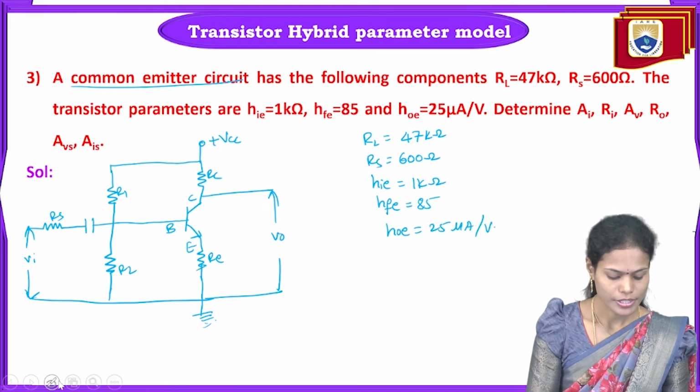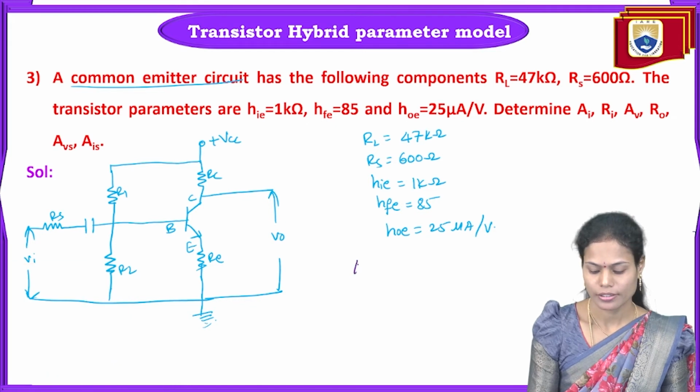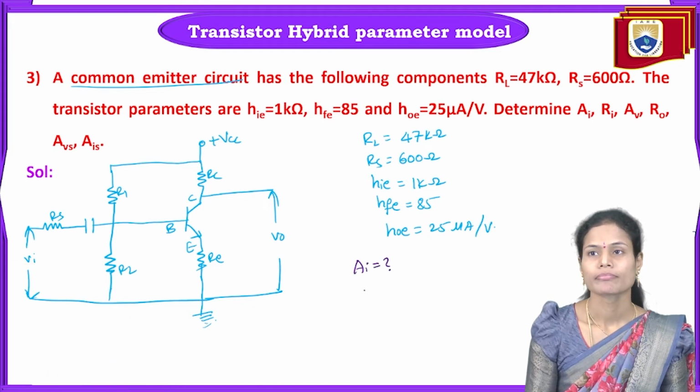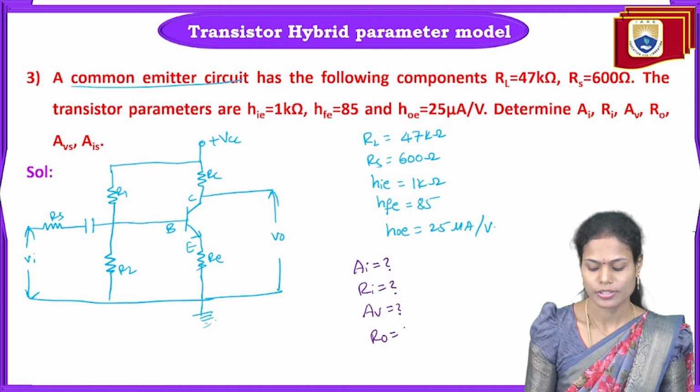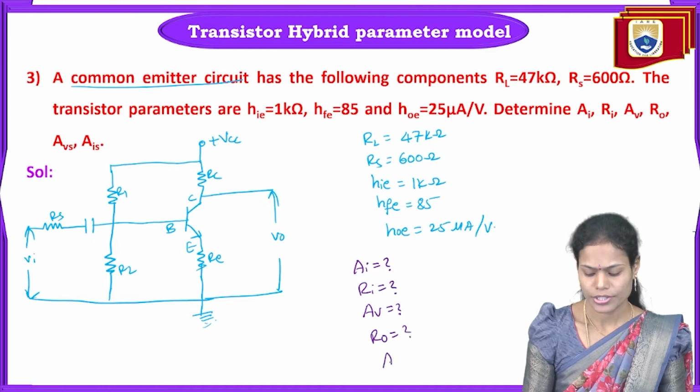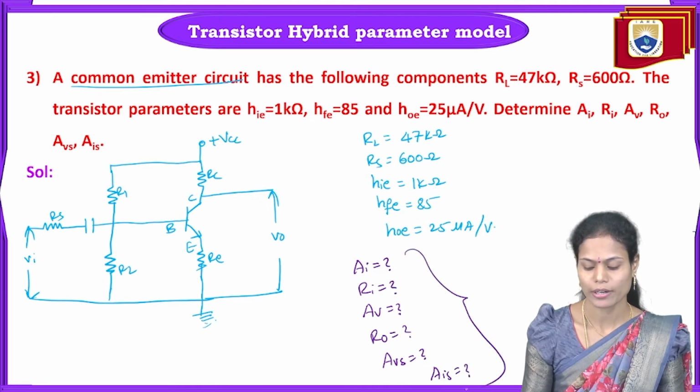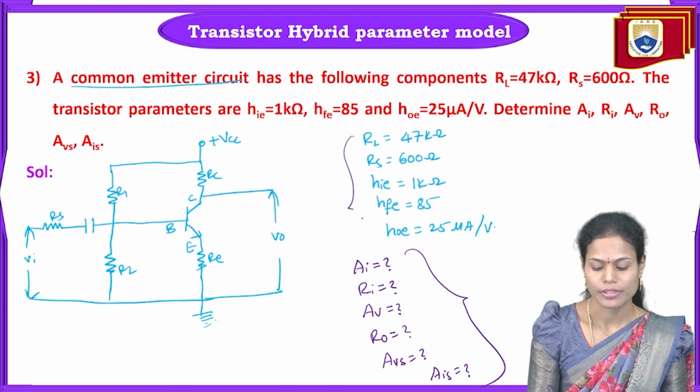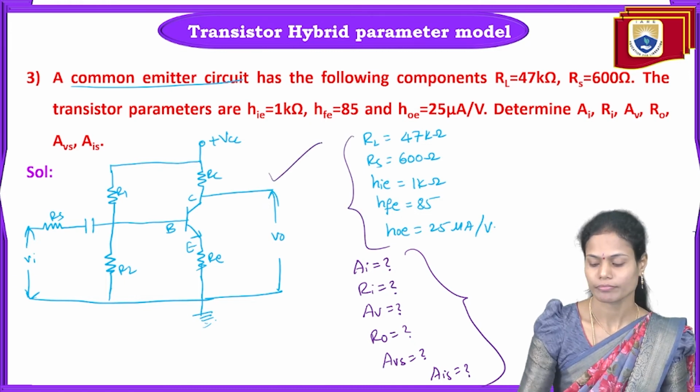Next, from these parameters we need to calculate the current gain AI, input resistance Ri, voltage gain AV, output resistance R0, and the voltage gain and current gain along with the source resistance. So these are the parameters we need to calculate from the given parameters as well as from this circuit.